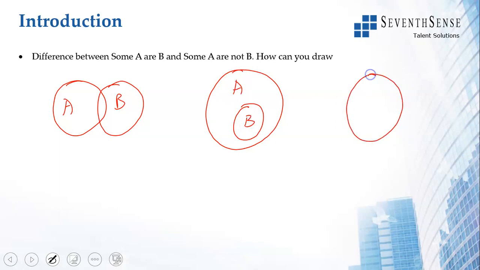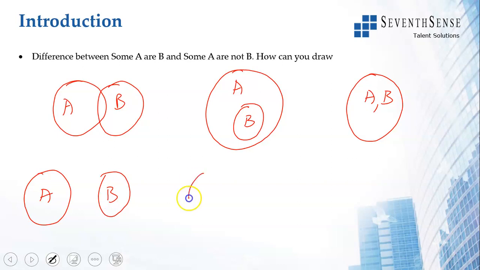And if you draw the same circle, which is both A and B, then also some A are B. All A are B, so some A are also B. Some A are not B can be drawn this way. No A is B, so some A are also not B.